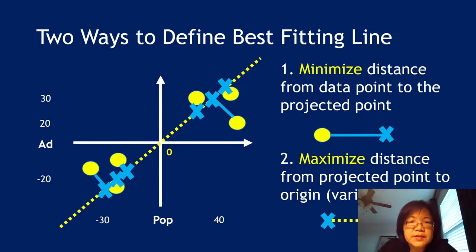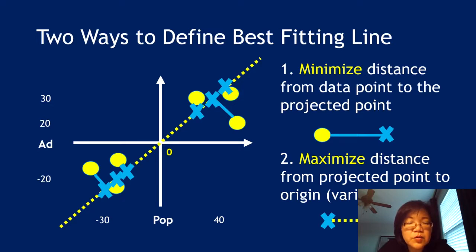We can define the best fitting line in two ways. We can find a line that is closest to all the data values. We can do that by minimizing the distance from the data point to the projected points. So you can see the blue lines. Those can be minimized. We can call those deviations. It's very similar to the deviations that we talk about in regression.